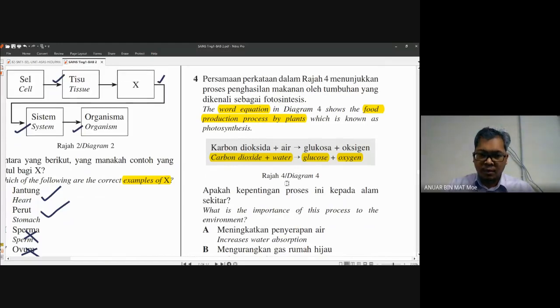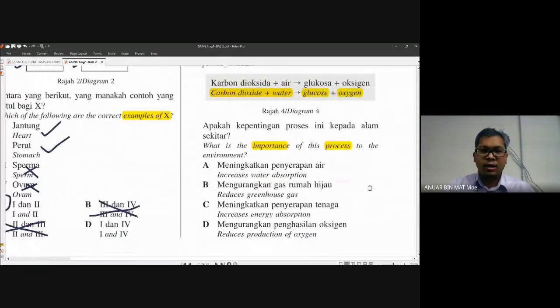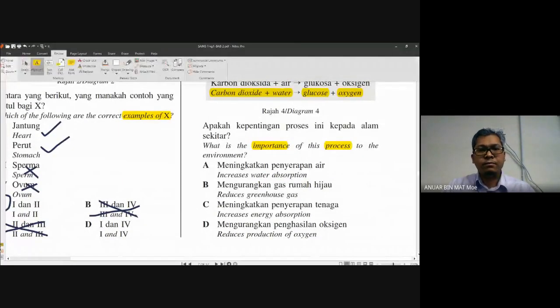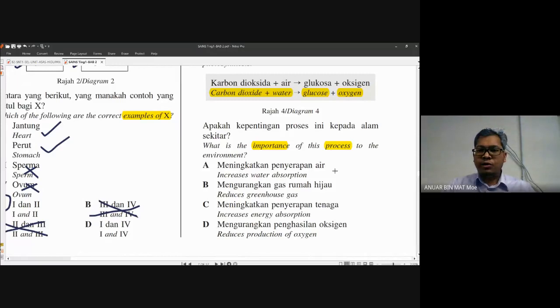So the question: what is the importance of this process? Apa kepentingan dia? Okay, you go one by one. Increased water absorption. Is it true? A? Class? False. A is not the answer.